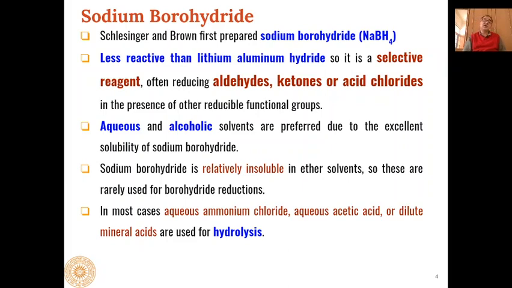It is relatively less soluble in ether solvents, therefore ethers are not used for sodium borohydride reduction. In the final step, hydrolysis of the borohydride complexes is done with aqueous ammonium chloride, aqueous acetic acid, or dilute mineral acid, which on hydrolysis will give us the final products.